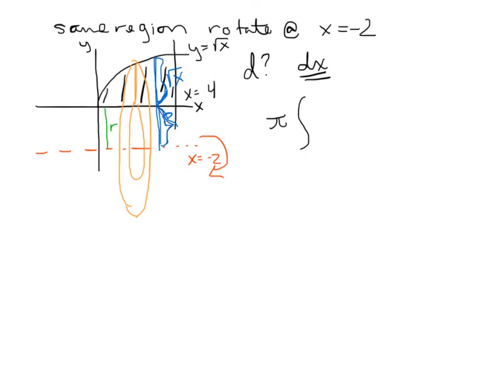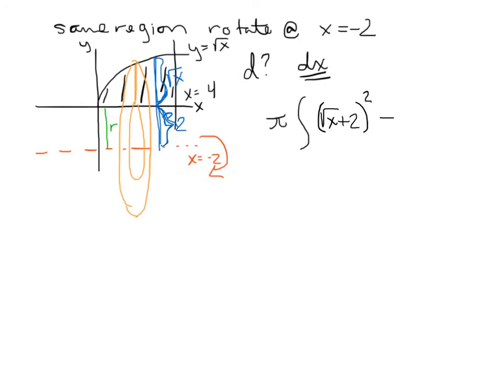So this lower part right there, because we're rotating about the line x equals negative 2, that lower part is 2. So the big radius there is going to be root x plus 2, and we've got to square that big radius. And so there's the big one, minus the small one.